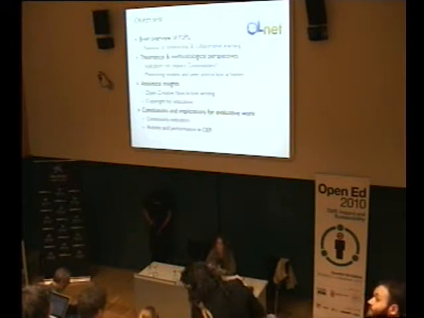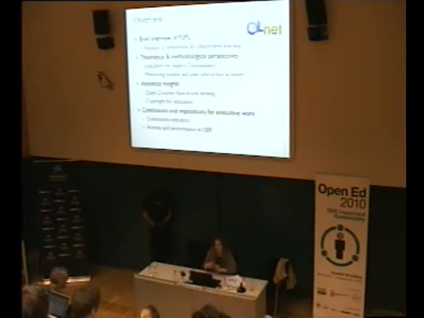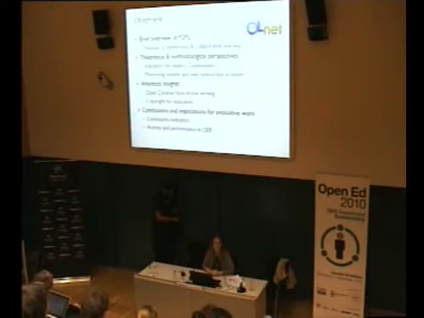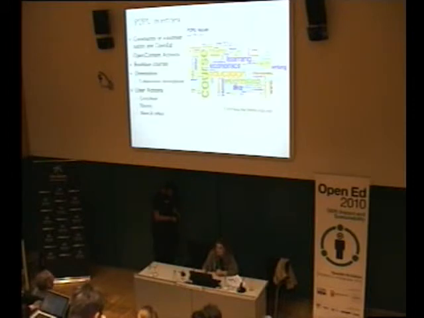Then we're going to offer some conclusions about several evaluative work and implications for the future. And the next paper is going to offer some in-depth perspectives also on the network, focusing on specific users and identifying the social network.